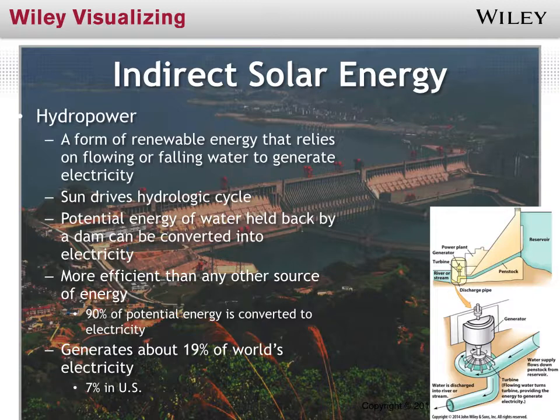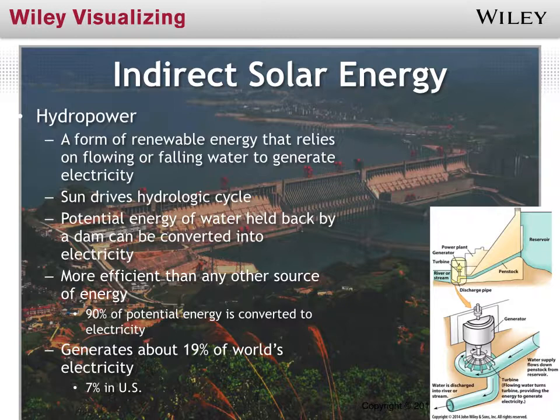Another clean energy is hydropower. We've probably at this point really maxed out our potential for hydropower. There are a few larger dams being built in other places in the world, but most of the larger rivers have already been dammed up. Hydropower is a form of renewable energy that relies on the flow of water, the movement of water, to spin turbines and make electricity.